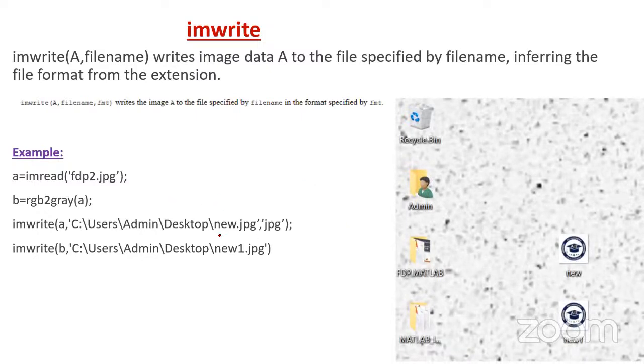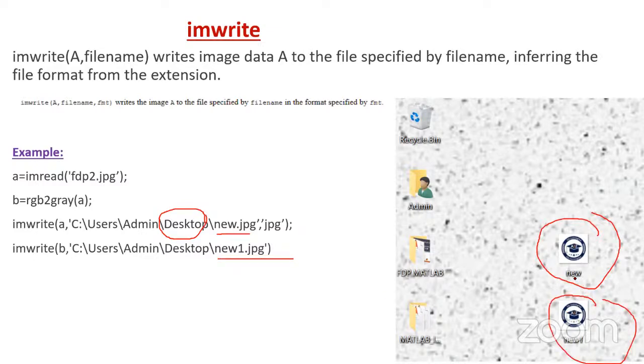You can see the image is new.jpg on the desktop. I want to save this on the desktop, so I use desktop new1.jpg. The images are saved on the desktop by using the imwrite function. That is the imwrite Matlab function with two parameters: one is the image, and one is the location where we have to store that image.